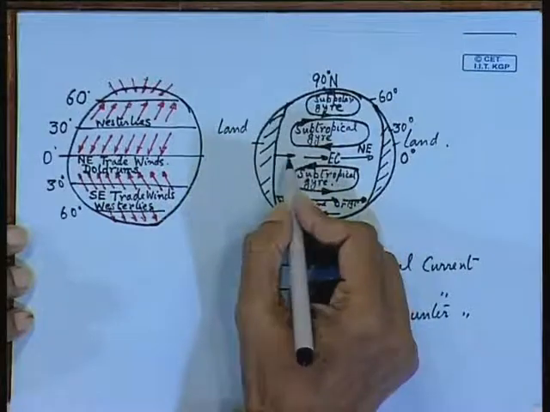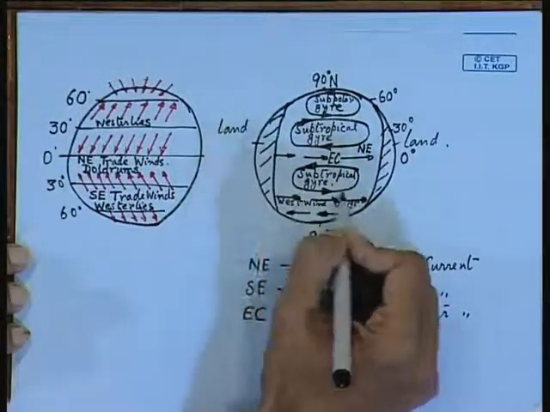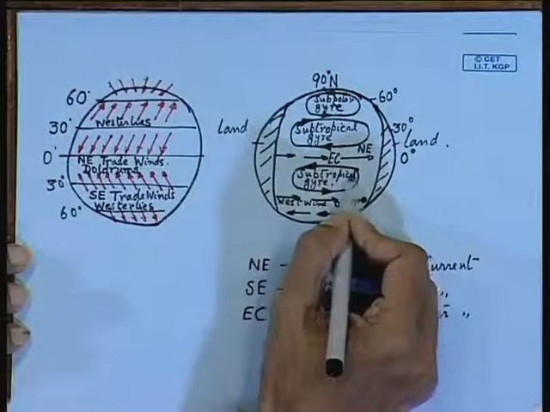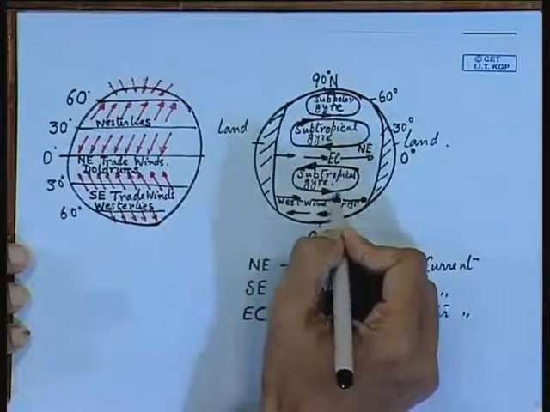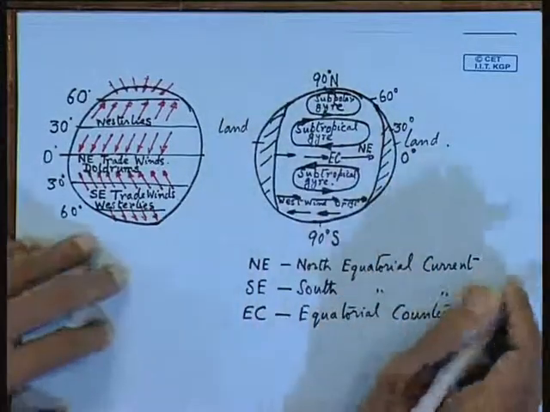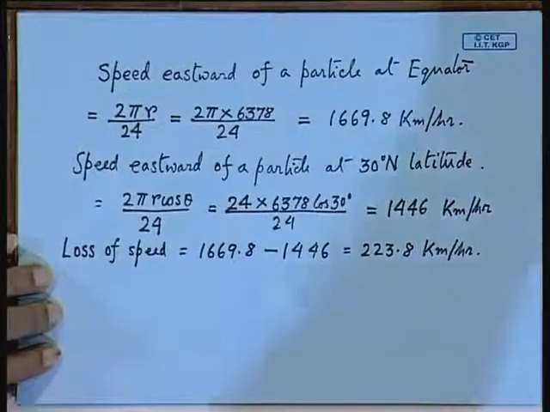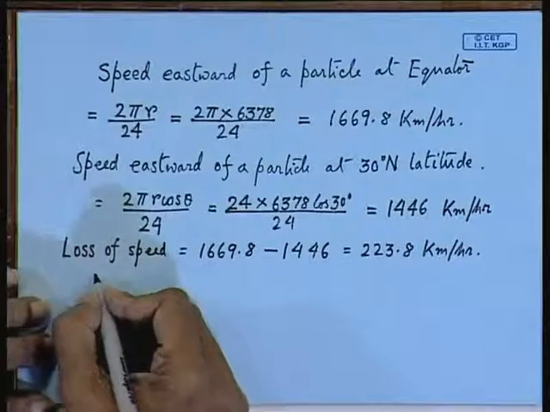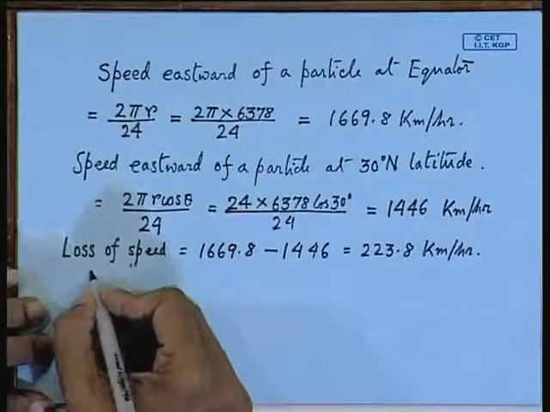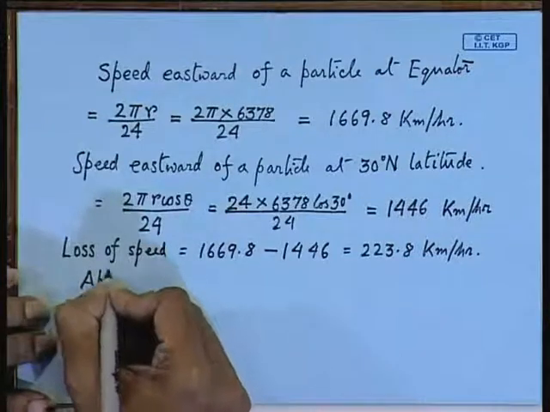Similarly, if you throw a particle in the southern hemisphere, it will go towards your left. So, that is your anticlockwise spin. That is a subtropical gyre. So, this gives an explanation to the direction of the current.